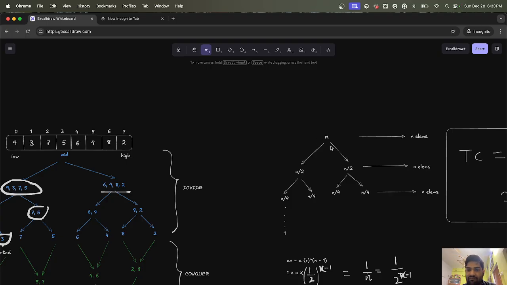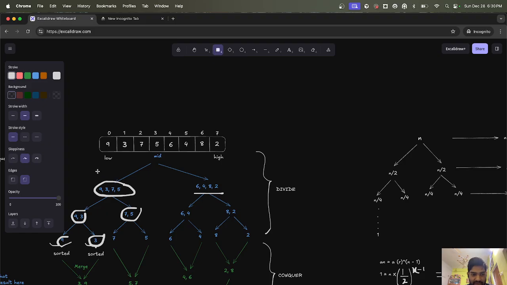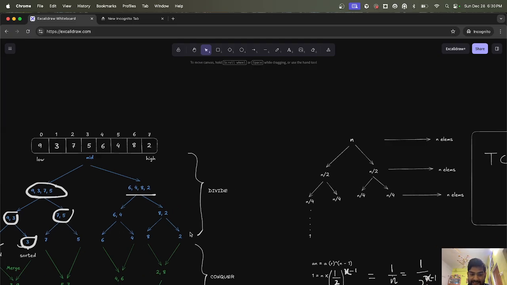At this particular level, how many elements are there? N elements, correct? At the next level, again n elements, and at this level also again n elements, right? So at each and every level we are sure that there will be n elements, correct?